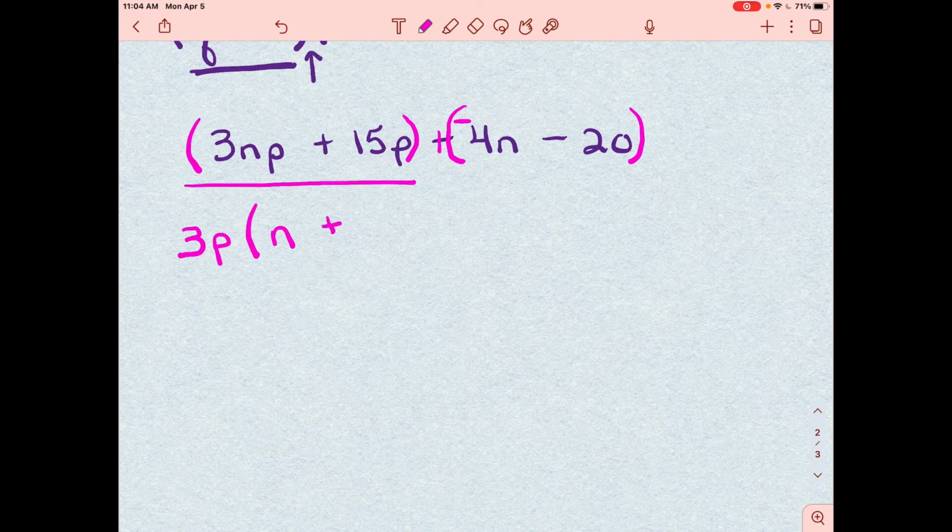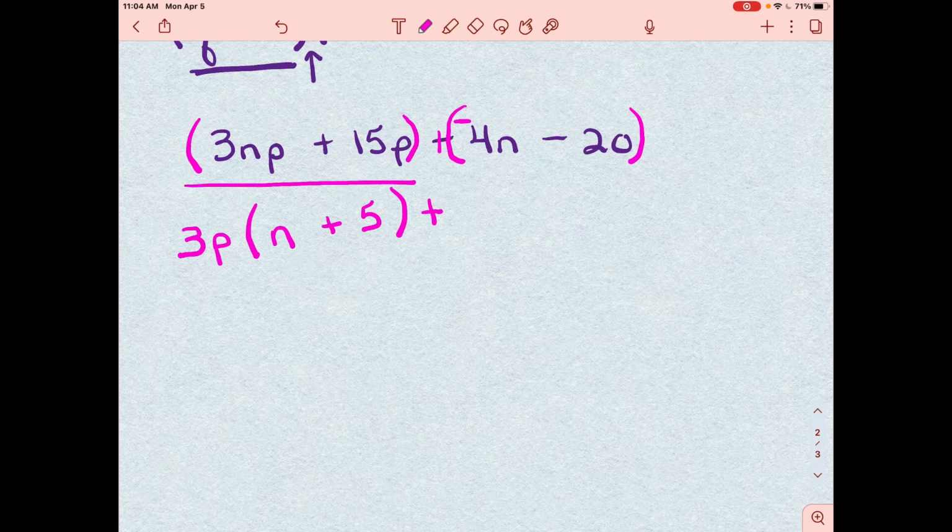If 15p contributes a 3 and a p, the only thing left behind is a 5. 3p times 5 is 15p. All right. What is common over to the right? Well, here's a hint. Very often we're looking to match this, n plus 5.